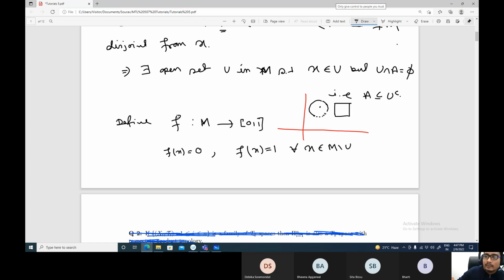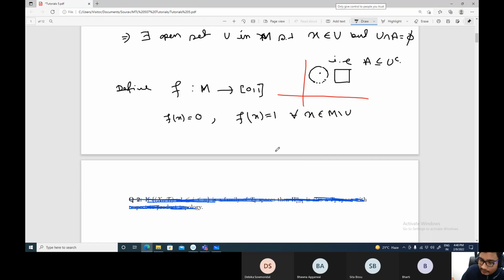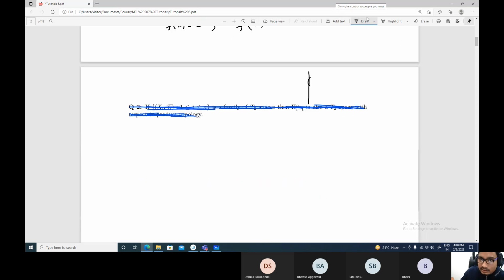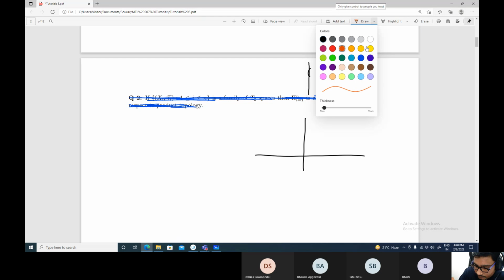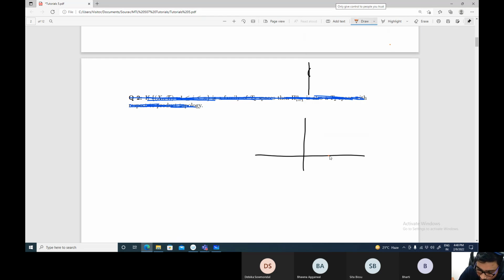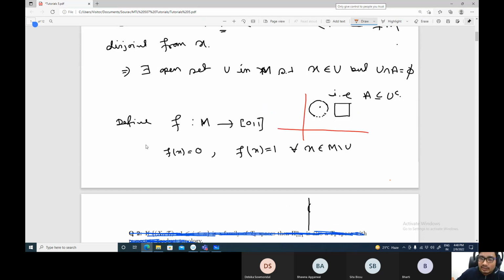This can be one possibility, and another possibility is that your point x is in here, then the U neighborhood will be of this form, and your A set is somewhere here. This is your A set, right?